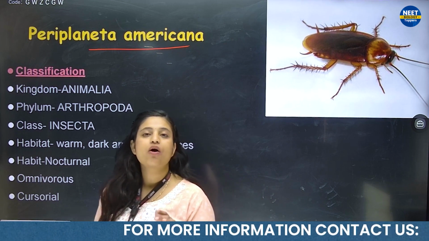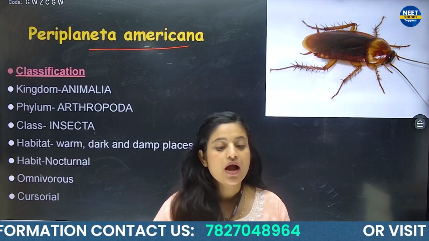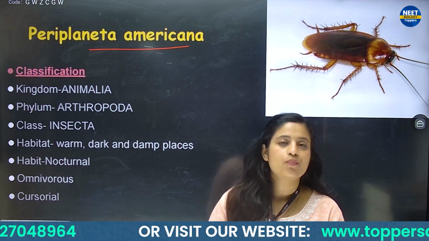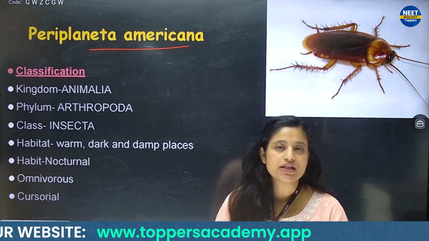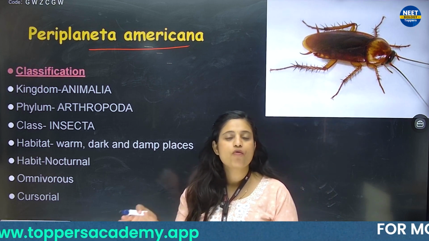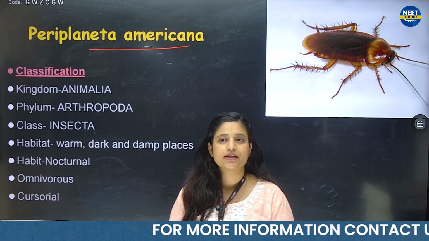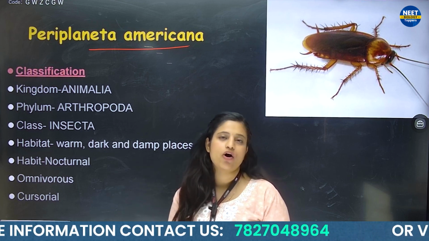And the cockroach belongs to which kingdom? It belongs to kingdom Animalia. And which phylum? It belongs to phylum Arthropoda. And as you know, Arthropoda is the largest phylum, okay? We have so many phyla. If you remember your chapter Animal Kingdom, the phyla start from Porifera and end at Chordata.